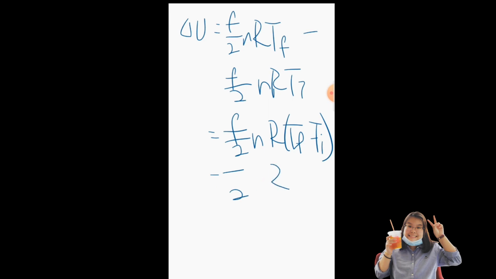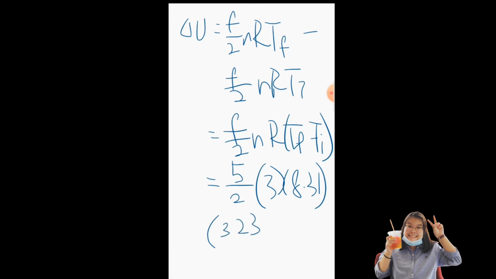So we can just substitute our values into the equation. Equal to F is 5 over 2, n is 3, R is 8.31, then final temperature is 323, initial is 273.